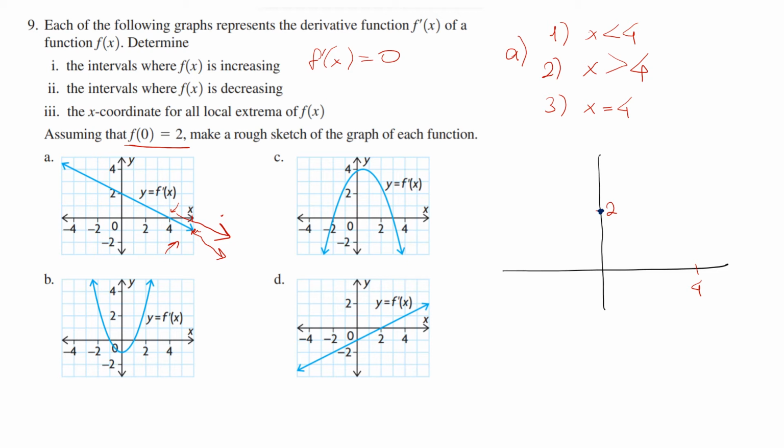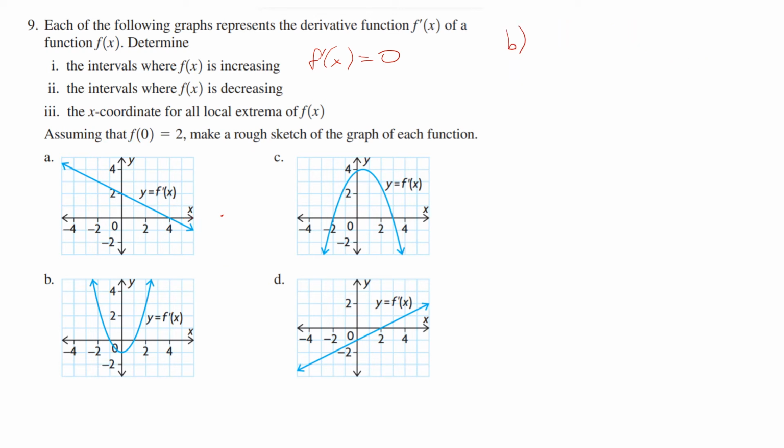Now I can start with the first one. When x is smaller than 4, my function is increasing. So I start from somewhere, I'll just put an arrow, I pass by this point and I go until 4. At 4, I have my local extrema, and when x is bigger than 4, I know it's decreasing. Therefore, it's going to go something like this. So that would be my function.